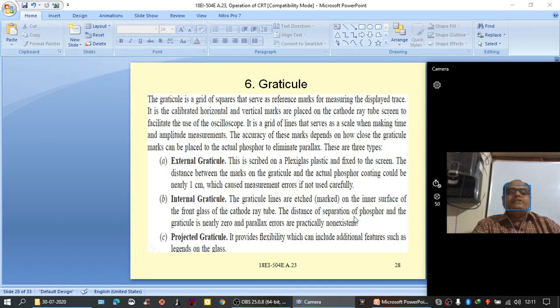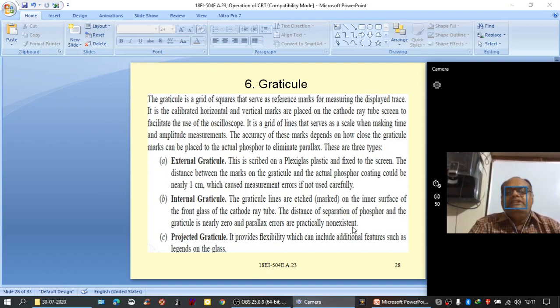The distance of separation between phosphor and the graticule is nearly zero, and parallax errors are practically non-existent. That is, using the internal graticule, the measurements are of high accuracy compared with using the external graticule.